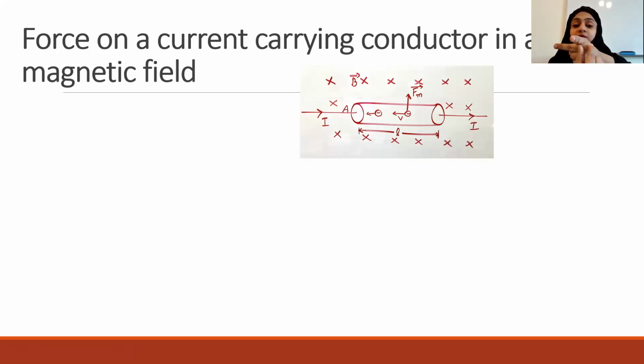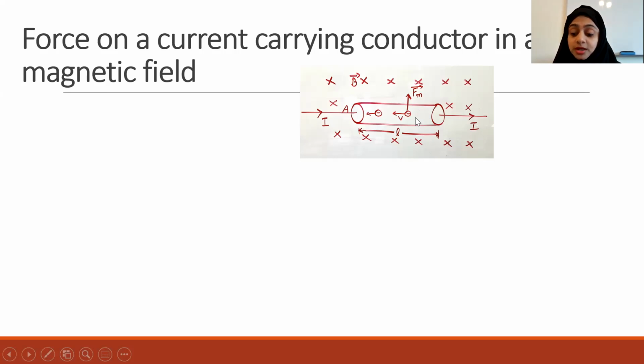So my first finger is pointing into the screen, the current is flowing here, and my thumb will show the direction of the force acting on the charged particle. So what is the direction of the force? Upwards, as shown in this figure. So the magnetic force experienced by a charged particle which carries the current through the conductor is upwards.